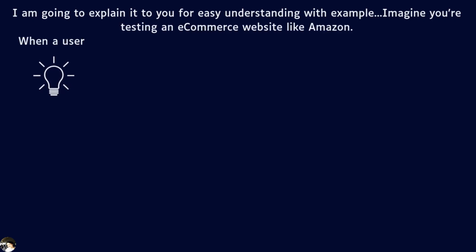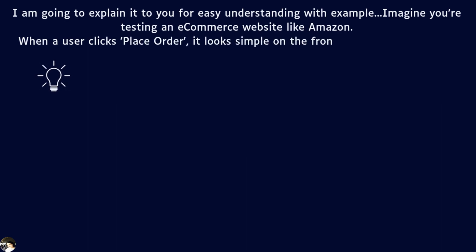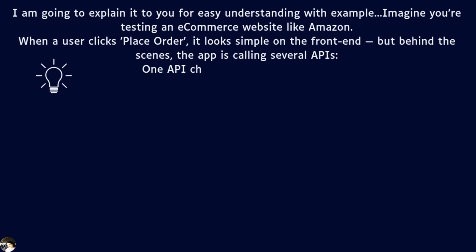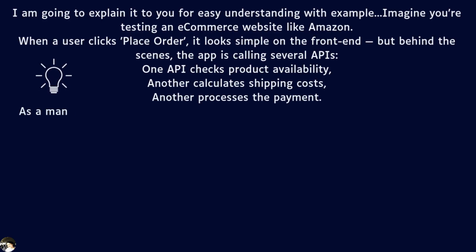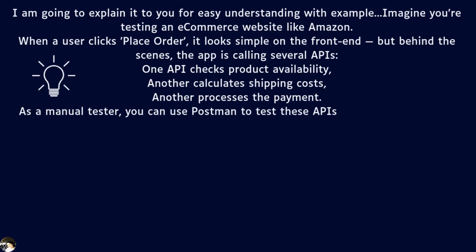When a user clicks place order, it looks simple on the front end, but behind the scenes, the app is calling several APIs. One API checks product availability, another calculates shipping costs, another processes the payment. As a manual tester, you can use Postman to test these APIs without using the UI.